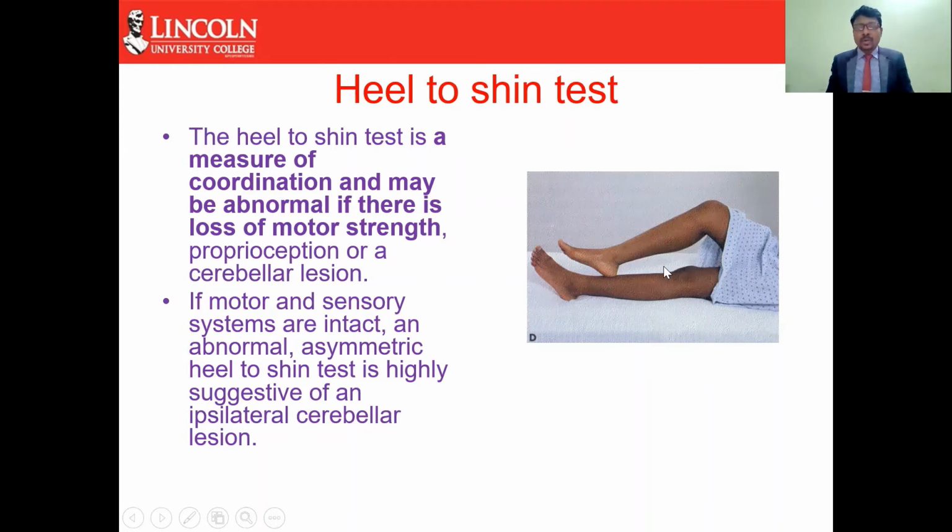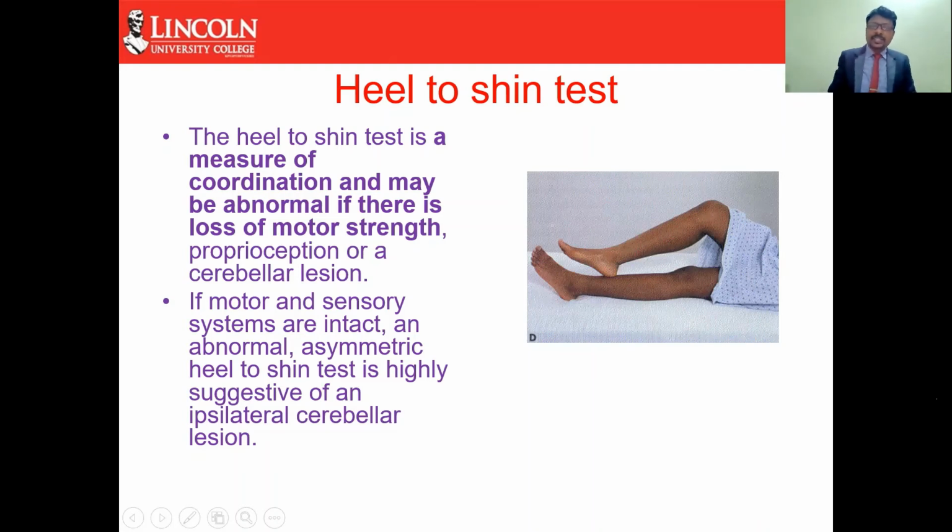But those with incoordination are unable to drag straight in the same direction. The heel may go to the lateral side and then to the medial side, going sideways and unable to drag straight. That is called the heel-to-shin test.